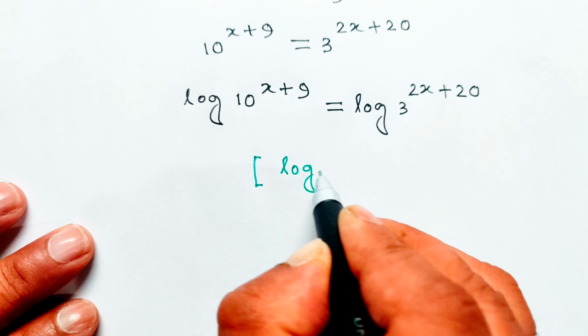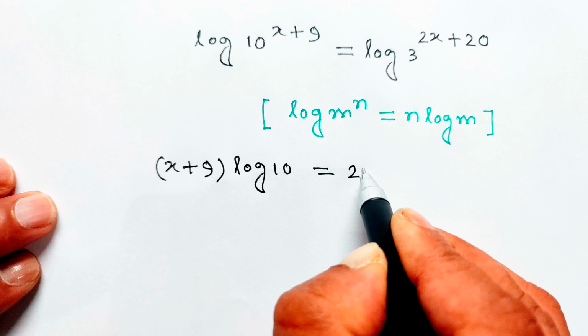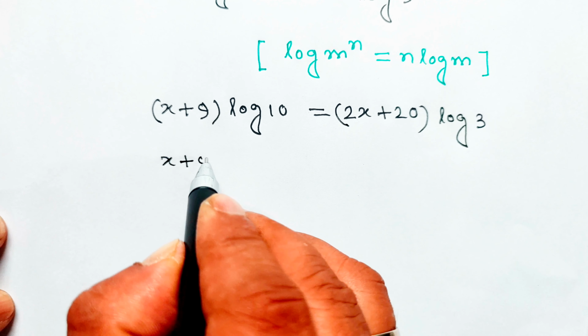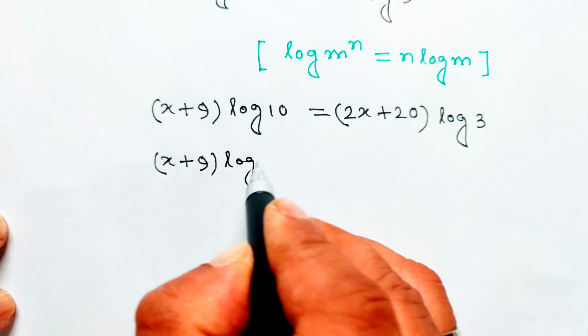Then x plus 9 into log 10 equal 2x plus 20 into log 3. x plus 9 into log 10 base 10 equal 2x plus 20 into log 3 base 10.